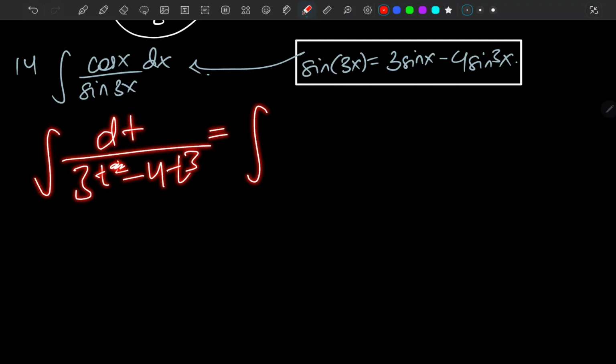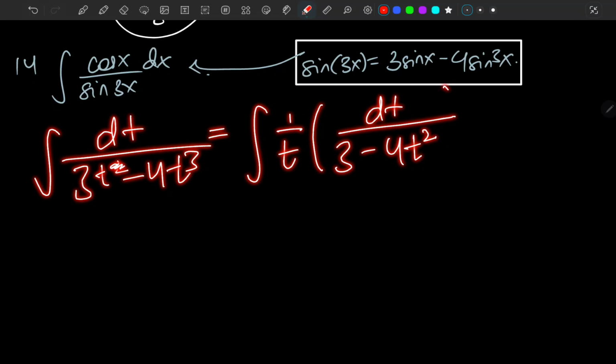So if you solve this integral, how are you going to do that? Factor out 1 over t, so 3 minus 4t squared. And again, I think you should just do it by the completing the square method. Maybe I should tell this to you because it's kind of complicated.